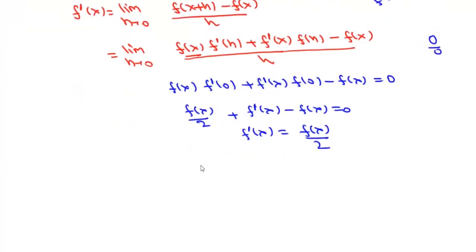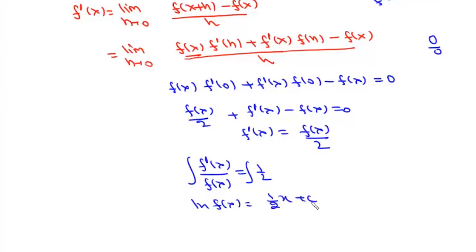Now we have to solve this differential equation. We write this as f'(x) upon f(x) equal to 1 by 2. Now if we integrate, we'll write log f(x) equal to x/2 plus c. Now we take antilog, it will be f(x) equals e^c into e^(x/2). Now when x is 0, f is 1.